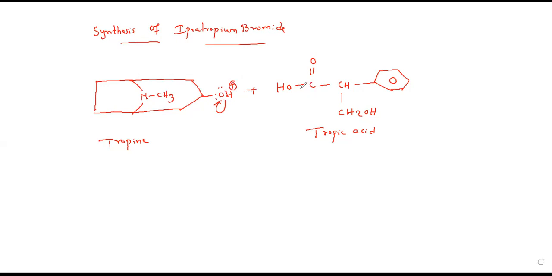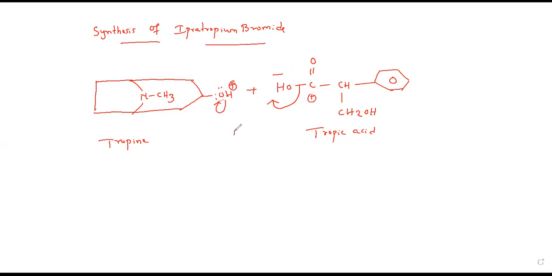In the same way, as per the general principles of organic chemistry, this OH group is a very good leaving group. It can leave the reaction very easily by breaking the bond due to the electronegativity difference between carbon and this oxygen. Therefore, this OH will get a negative charge and carbon will get a positive charge.